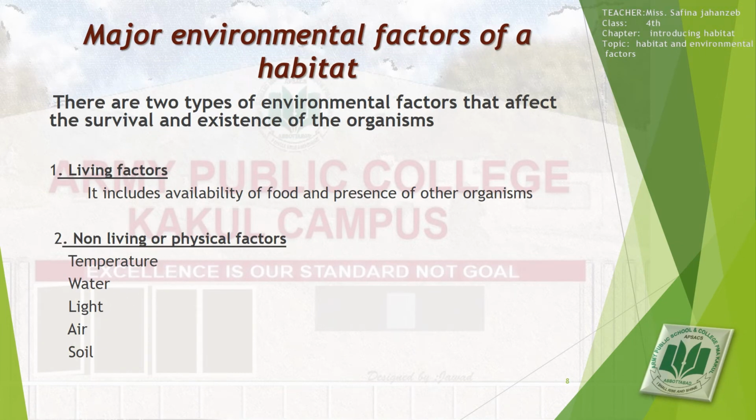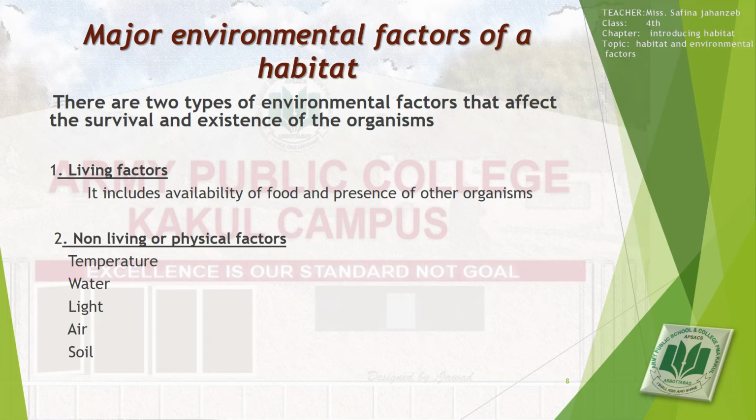Students, this slide is about the major environmental factors of a habitat, and how these environmental factors affect any type of habitat. There are two types of environmental factors that affect the survival and existence of organisms.